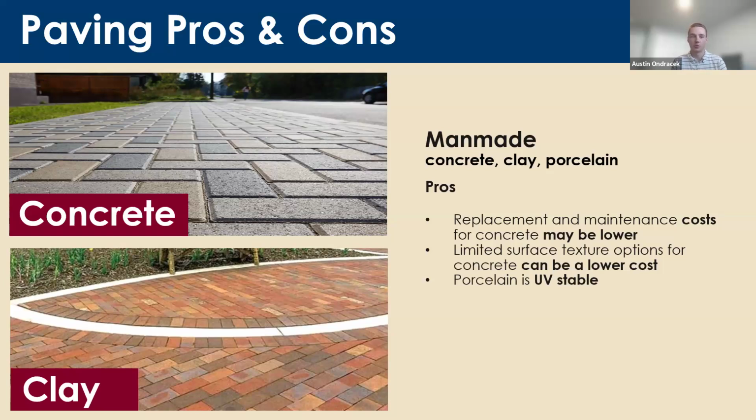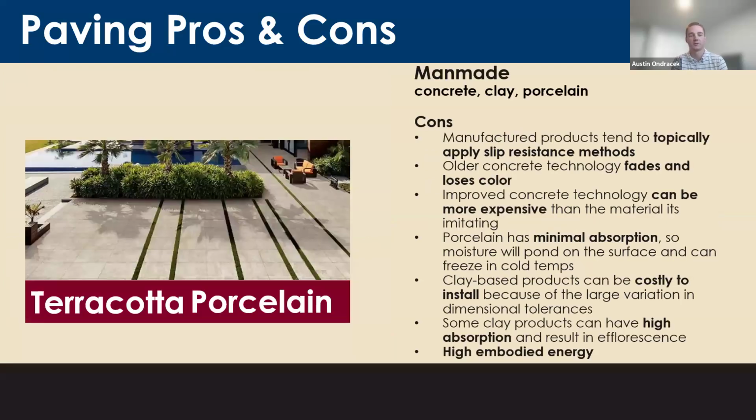So that can be a huge pro when, in this case, speccing a paver for a walkway or a different application that may need to be repaired later on. Some of the pros as well, there's limited surface texture options for concrete, which can make it at a lower cost. And then porcelain, as mentioned a few slides ago, is also very UV stable. So lots of different pros and different options for man-made materials.